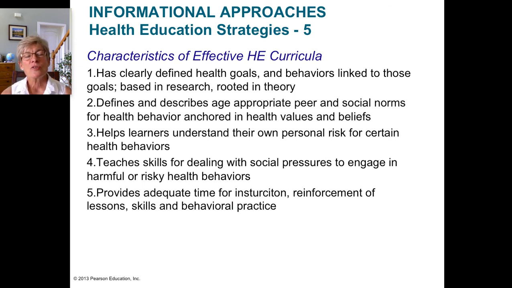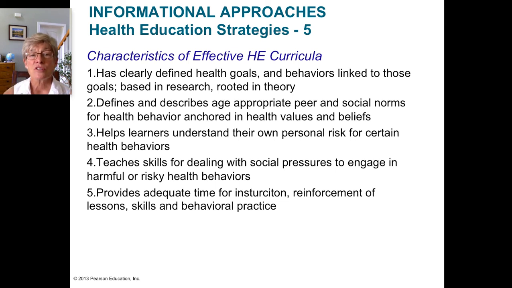So some characteristics of effective health education curricula, and there are 5 elements. It has defined health goals and behaviors linked to the goals, based in research and grounded in theory. It defines and describes age-appropriate peer and social norms for health behavior, anchored in health values and beliefs.